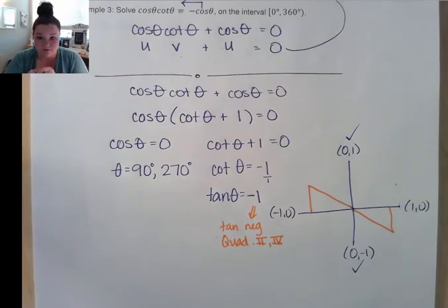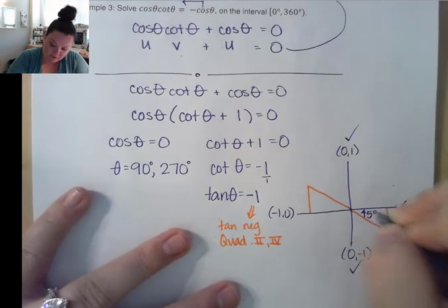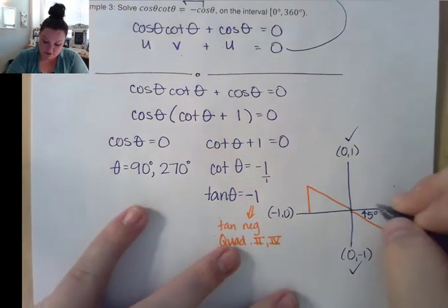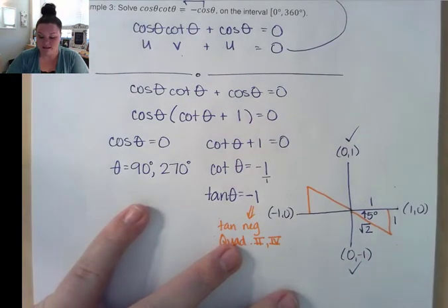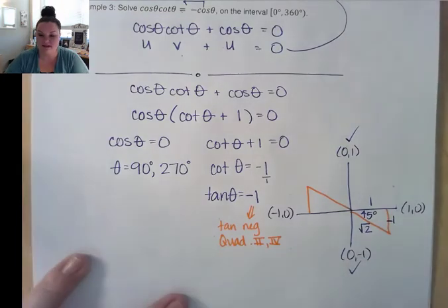And that's the 45-degree triangle. If this is a 45-degree triangle, remember a 45 degree was 1, 1, square root of 2. So 1, 1, square root of 2. And in this case, this is going to be a negative 1 because we're below the x-axis.